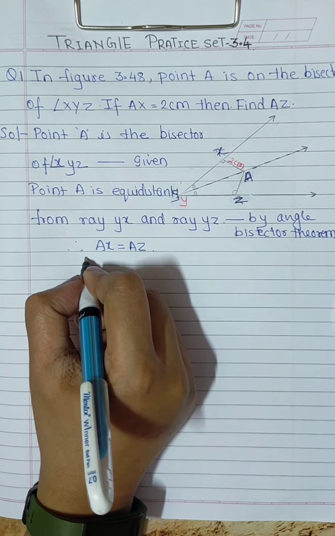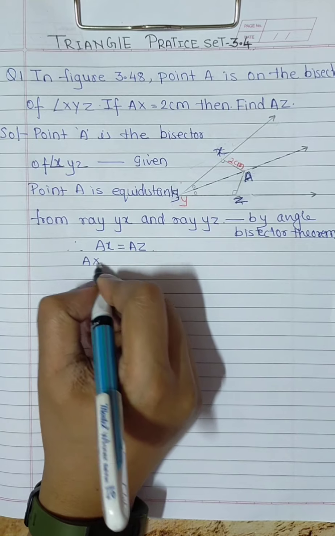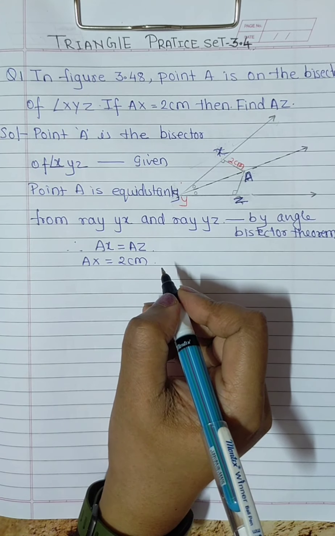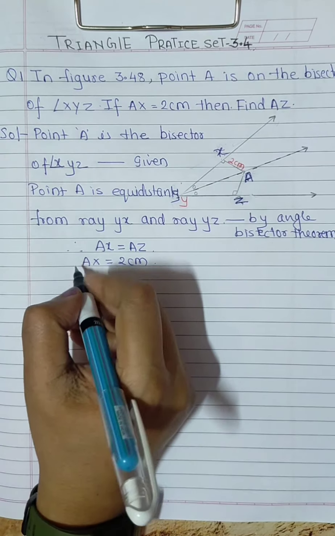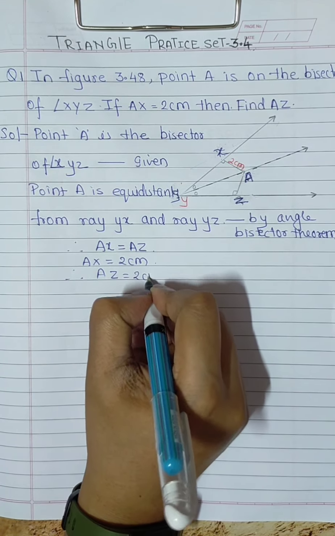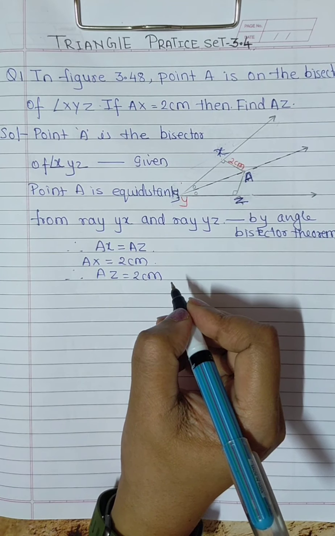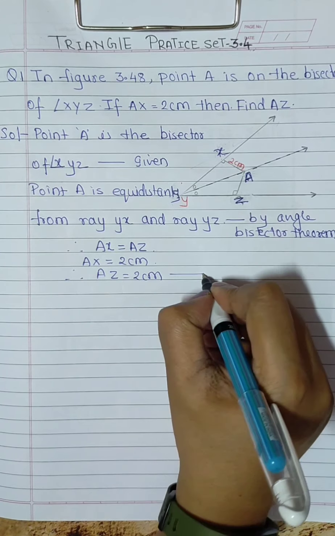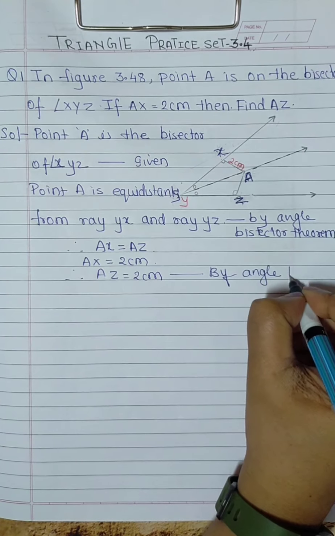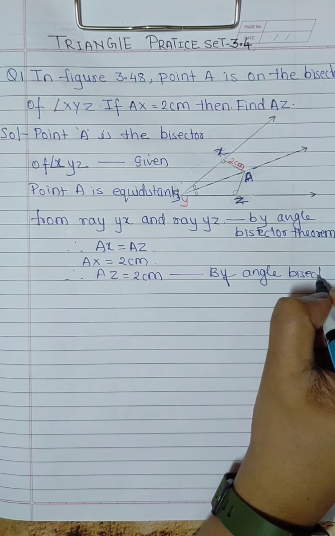Now here AX is given as 2 centimeter. Okay, so therefore AZ is also 2 centimeter by angle bisector theorem.